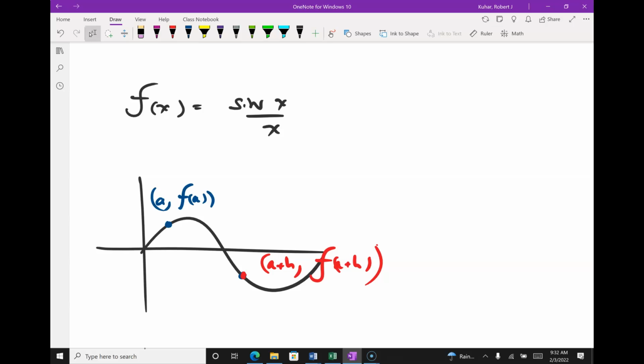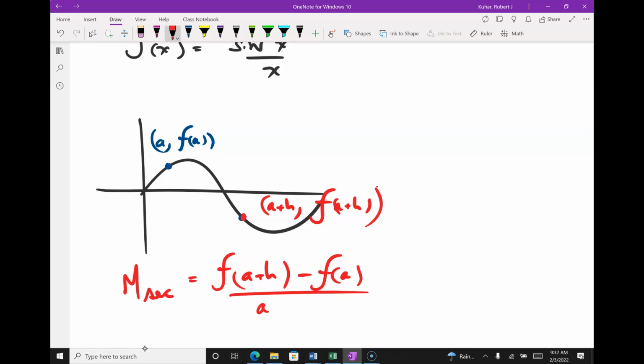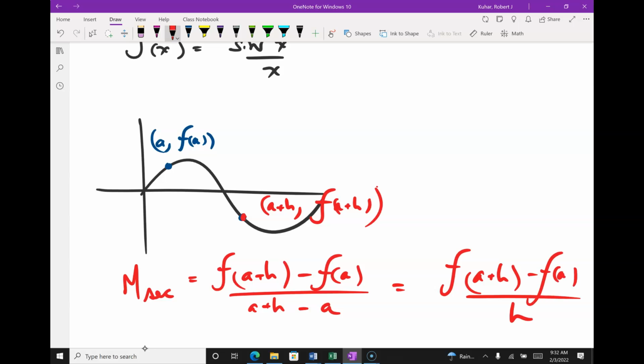So what's our slope there? Yes. So I'll say m sub sec for secant, right? Equals f of a plus h minus f of a all over a minus, a plus h minus a, right? And of course that gives me f of a plus h minus f of a all over h.